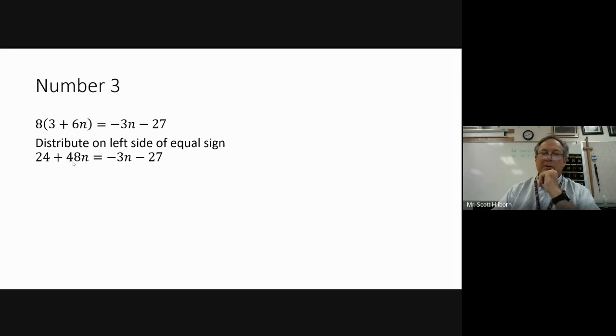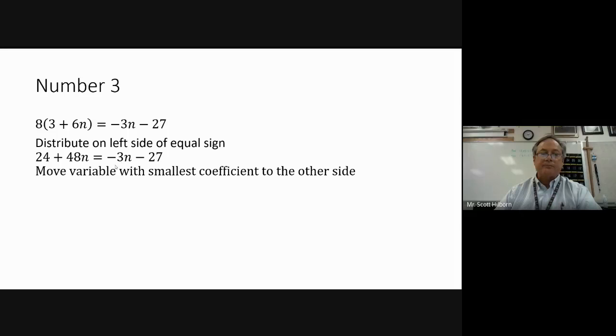Negative 3 is smaller than positive 48. So we're going to move it over here by adding 3n to both sides. And if you add 3n to a negative 3n, it zeroes out here on the right side. And 48n plus 3n should give us 51n.